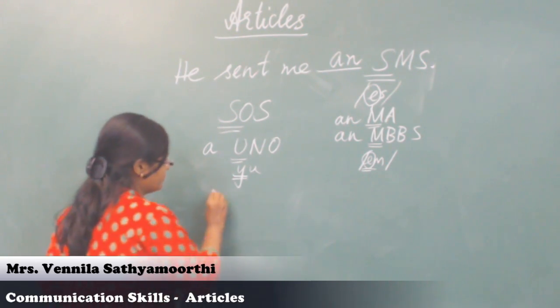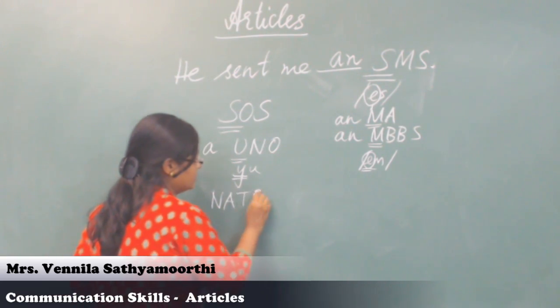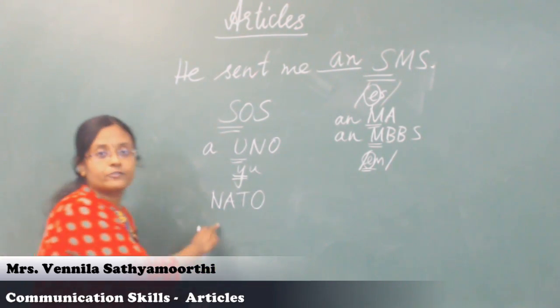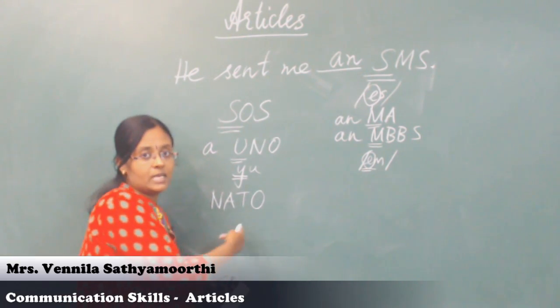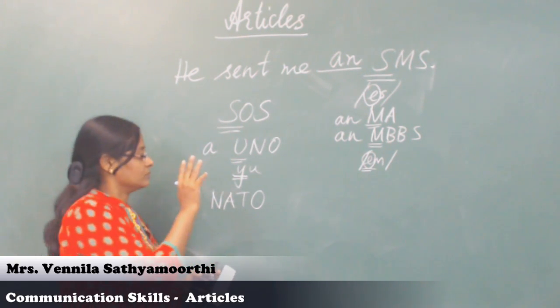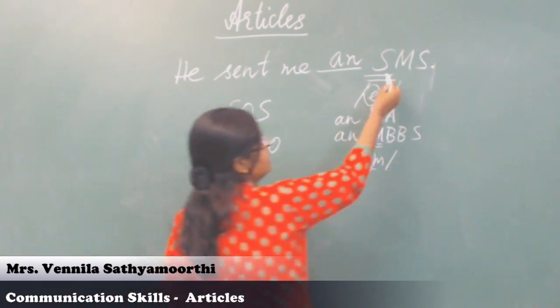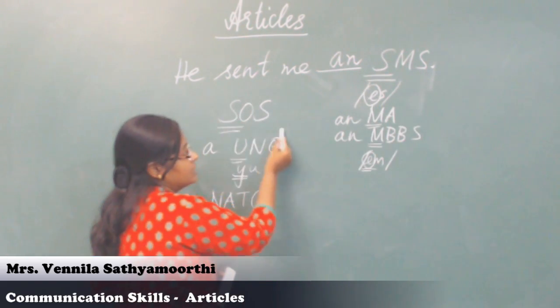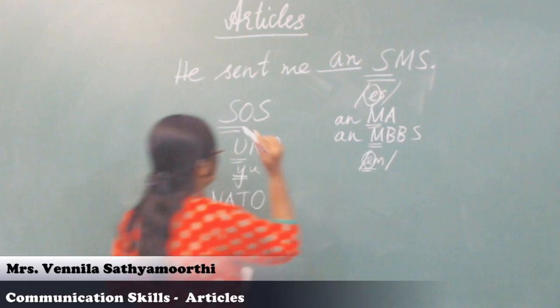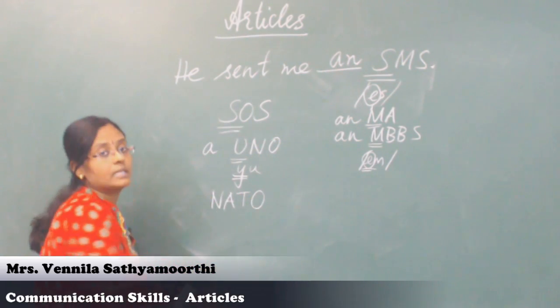But when you read the abbreviation like a word, see this is different. Here we don't say an NATO, but we say a NATO. Here it's different, you see. SMS, we say it letter by letter. SOS, MA, MBBS, UNO, but here it's NATO we say.